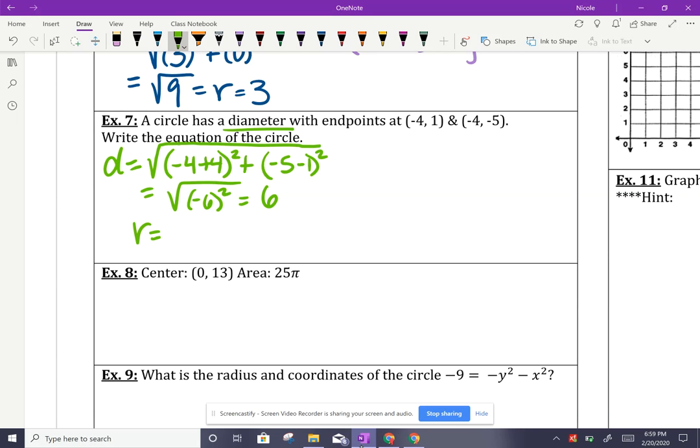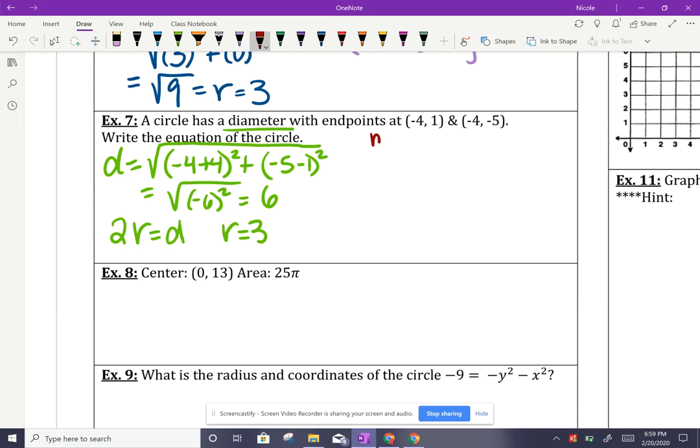So my diameter is equal to 6, and my radius is half the diameter, so my radius is equal to 3. And then I'm going to need to figure out, where do I find that center point if I'm given the diameter? Well, it's going to be at the midpoint.